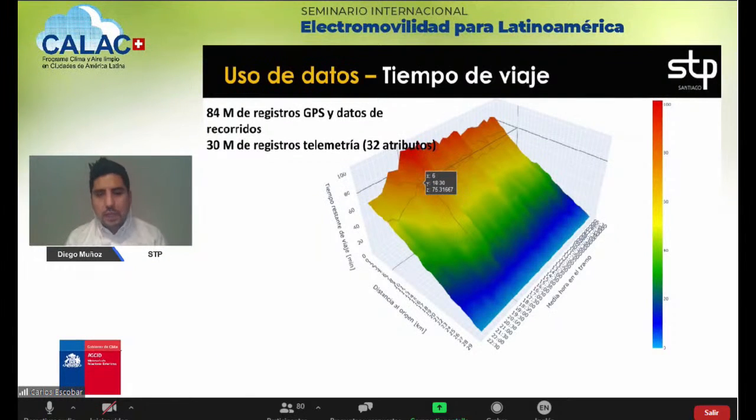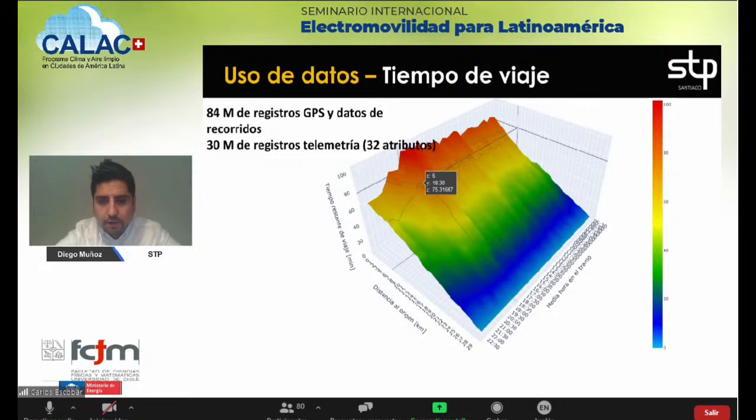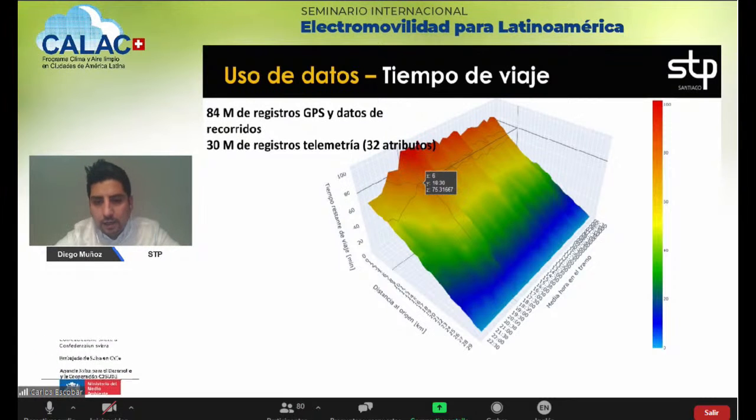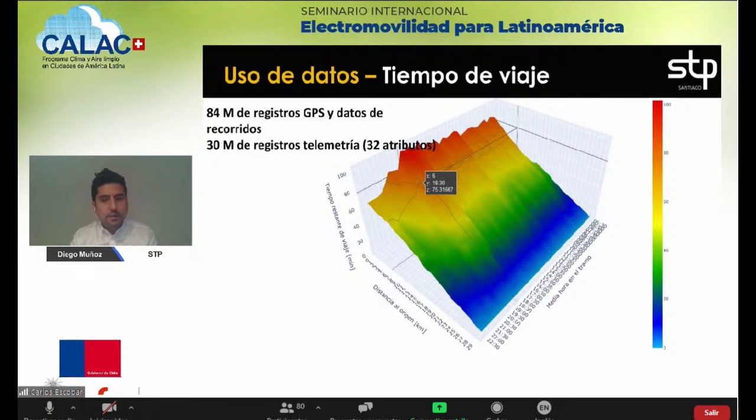So for that, what we did was develop a methodology that allowed us to obtain the travel times and the different SOC consumptions en route. So here in the graph, what you see is, basically, if I'm at a certain distance from the origin in my trip and at a certain time of the day, which would be axis Y. So here we have the day.